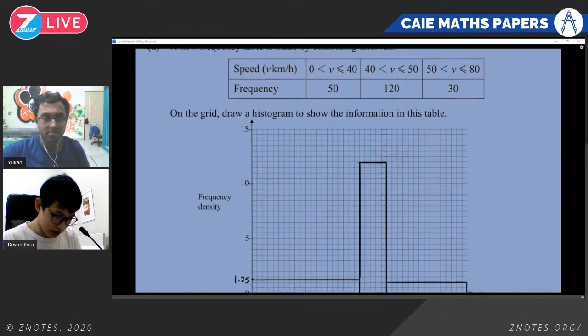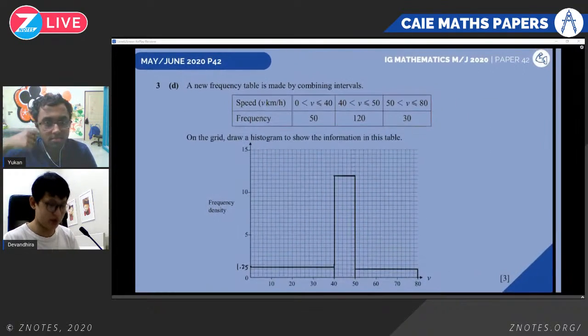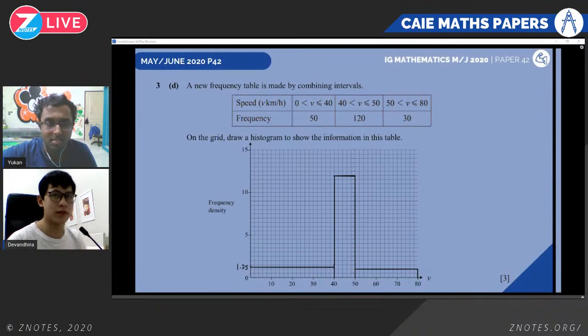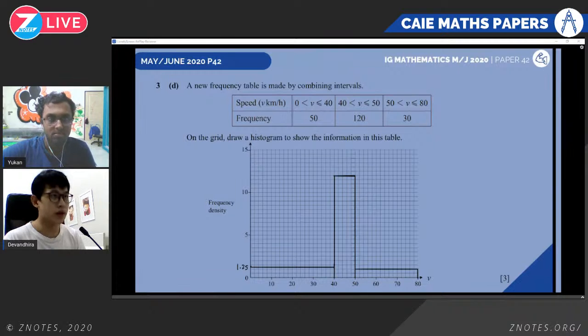Now the question is, how do you find the frequency density? What is it? The frequency density is the frequency divided by the class width. Exactly. So right here, because our frequency is 50 and our interval is from 0 to 40, it has a length of 40, right?